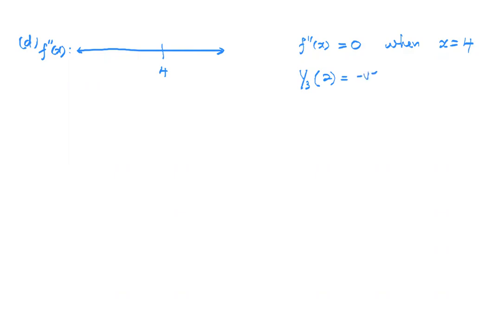Yeah, so I put negative. Okay, now I put a value that is more than 4. I put 6, and I get positive. So you see, now you got graphic calculator, it's very easy for you to determine the sign.